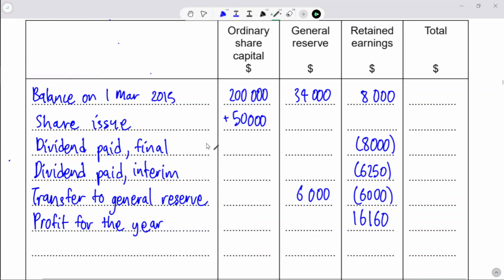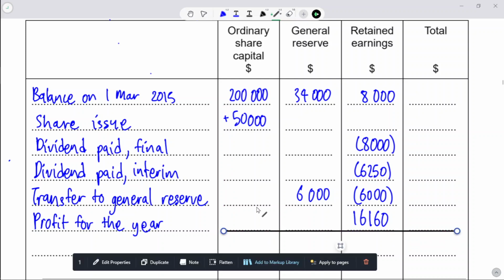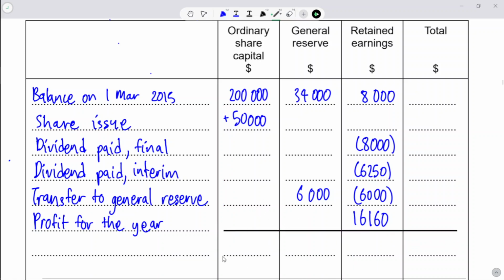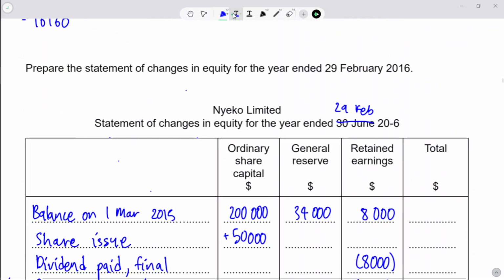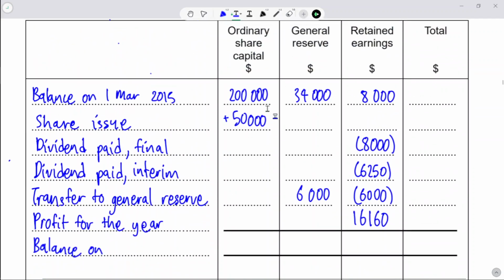This will be balance on, the year ended is actually 29 February 2016. Let's add up together.